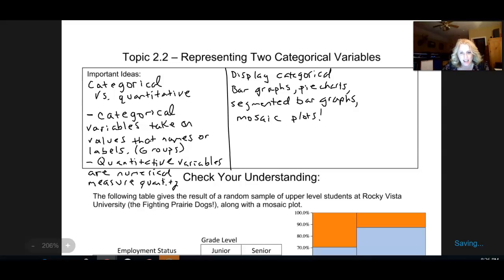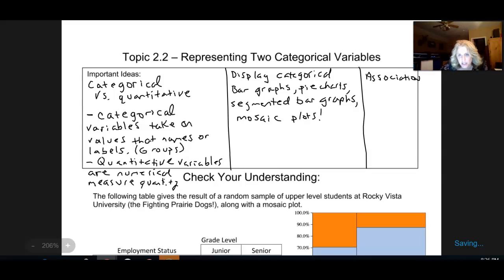Okay. And so each bar in the segmented bar chart, remember each bar shows the proportion of individuals in each corresponding group. All right, and then what is association? Because we've been seeing that a lot.